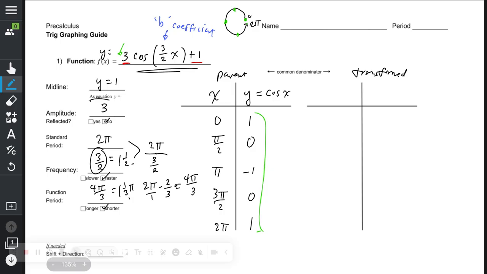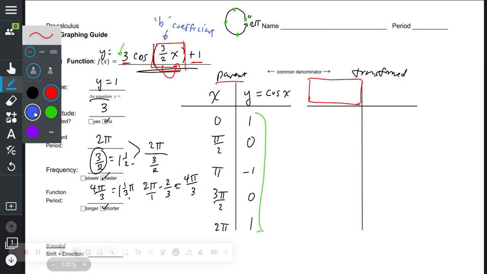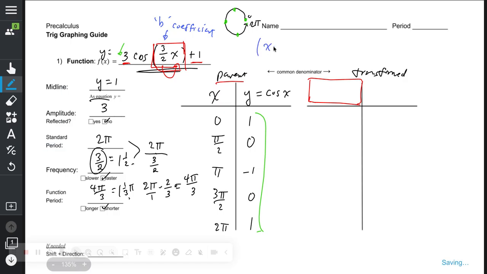Okay. Now this is a really crucial step here. This part here is going to express the transformation of the inside of this function. And if you remember, when you do transformations of parent functions, when you're looking at the inside and what it does to the x, what you have to do is the inverse of what is being done here. So I'll give you an example. A simple inverse would be if it had said x minus 1 inside the function.